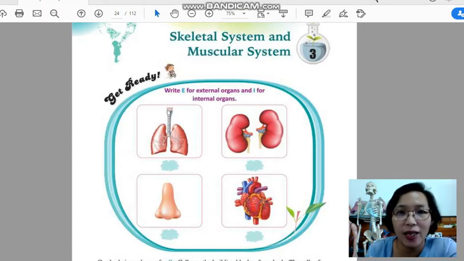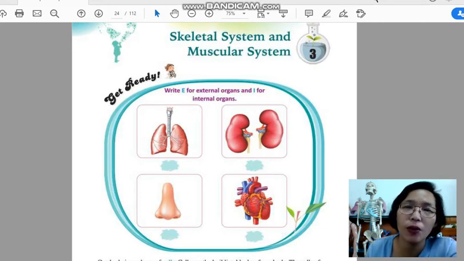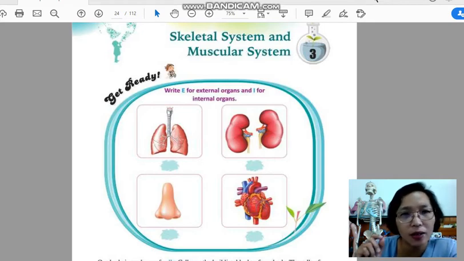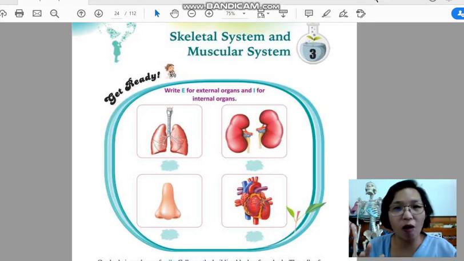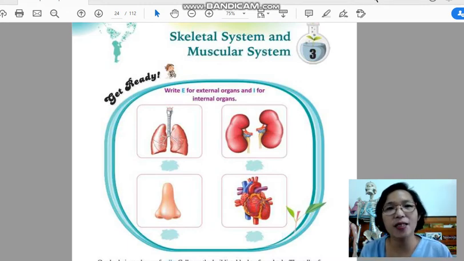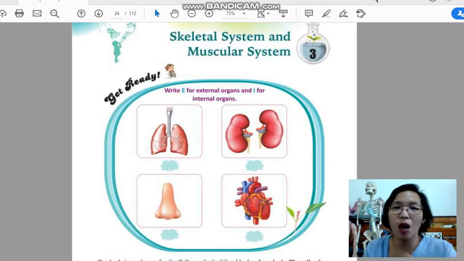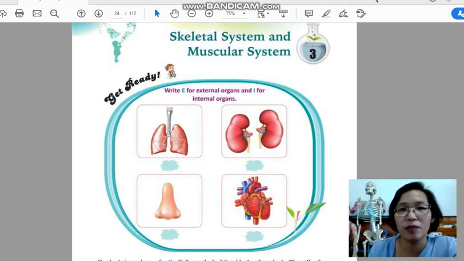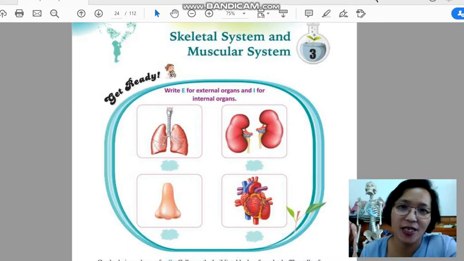Usually animals have it, like crab, scorpion, some arthropods, and also lobster, where the skeleton is outside of the body and supports its body. That is exoskeleton. While the endoskeleton is the internal skeleton inside their body.